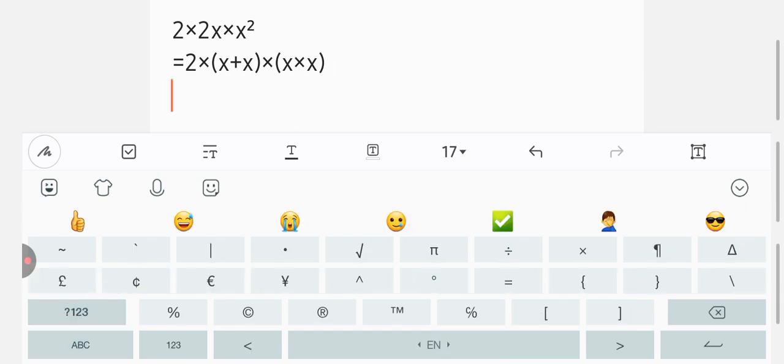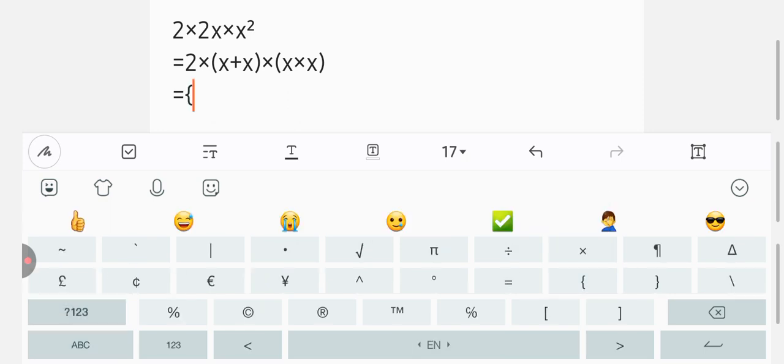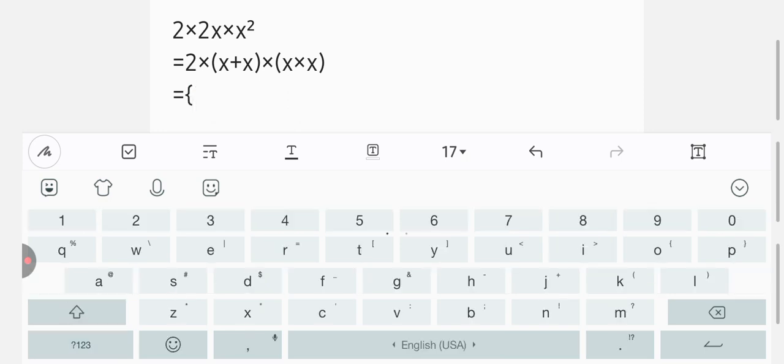Now it equals, now let's multiply the 2 times x squared, like with the x plus x with the 2.